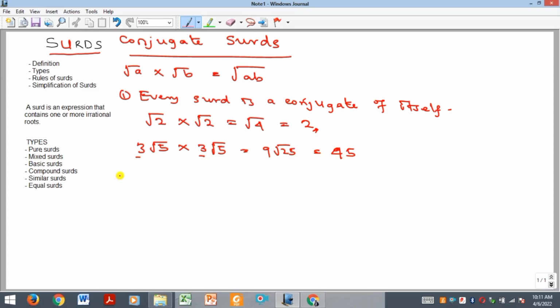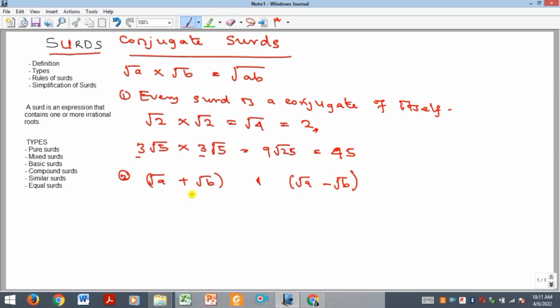Okay, so quickly we go to the next type of conjugates. How do you get the conjugate? If you don't have a basic surd and you have a pure surd like this, say root a plus root b, if it is addition, the conjugate of this is simply the subtraction. Just take the difference of this and that will give you the conjugate.